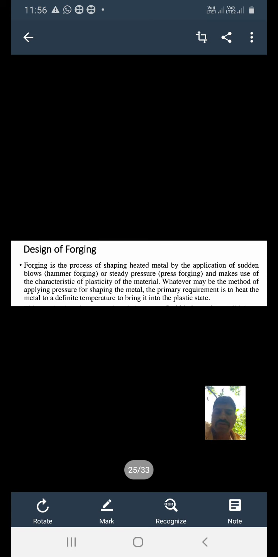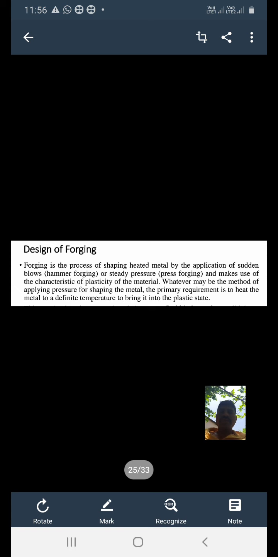Nowadays, forging is an important industrial process. It is used to make a variety of high strength components in automobiles, aerospace and many other applications.